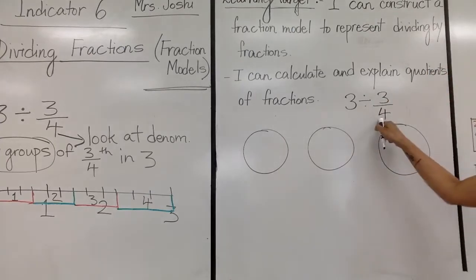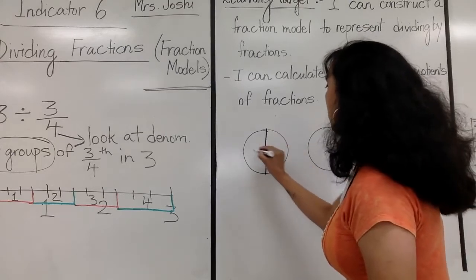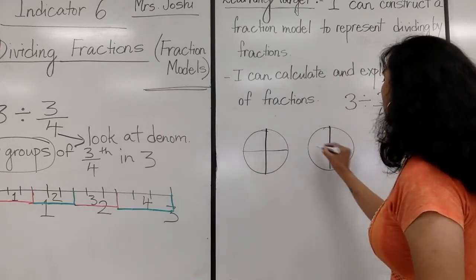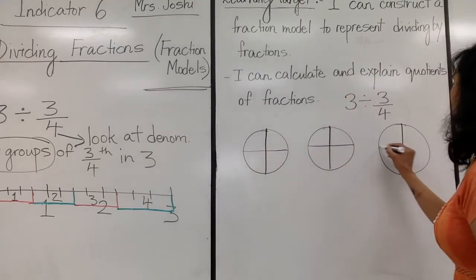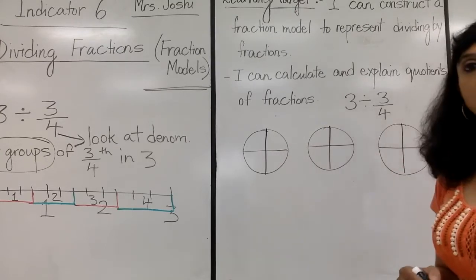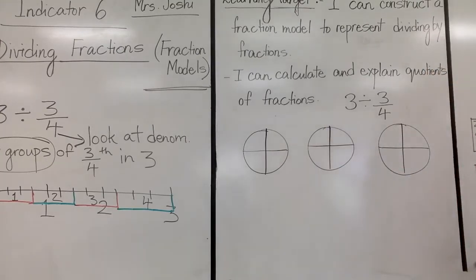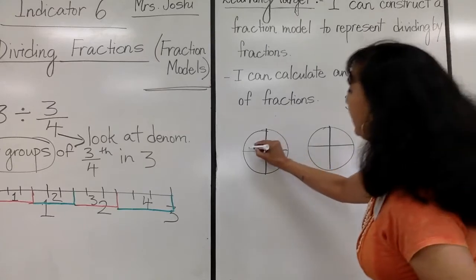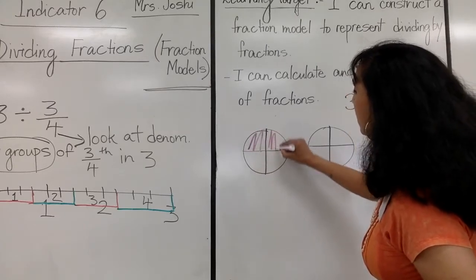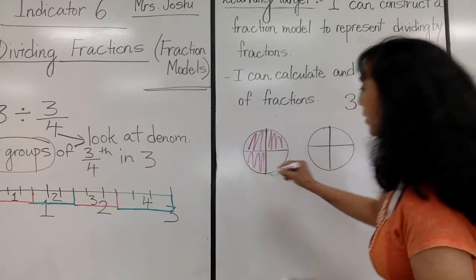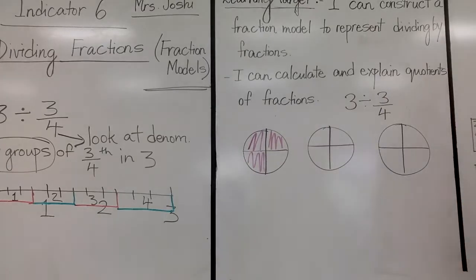Okay, so you always look at the denominator. Since it's 4, I'm going to divide each circle into 4 parts. Okay, and then I'm going to circle in 3 out of 4. So here's one color.